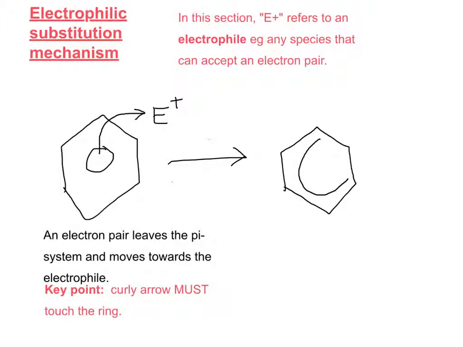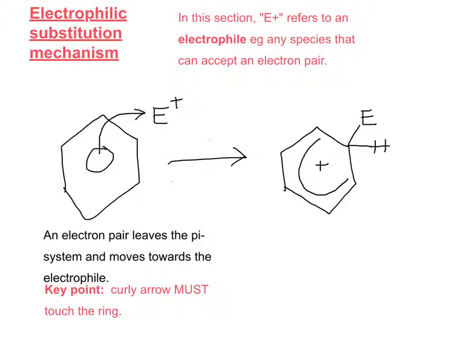For want of a better way of describing it, in this case it's slightly northeast. Okay, so in other words, we draw the hydrogen and we draw the electrophile. We don't give it a positive charge because the positive charge has been distributed into the pi system. So we now have a partially delocalized pi system.